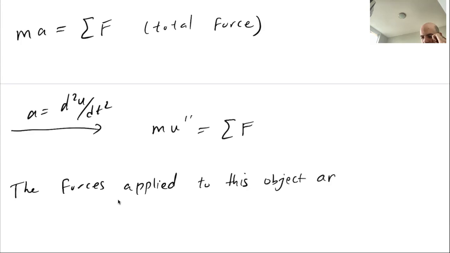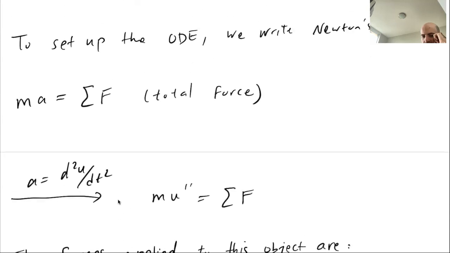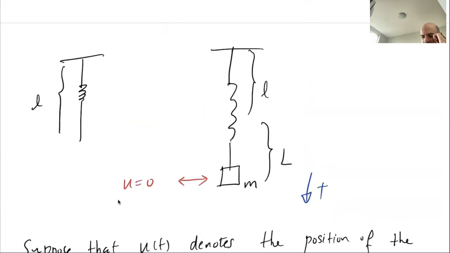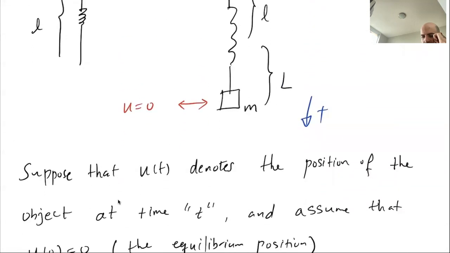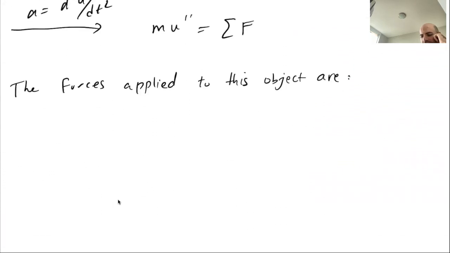So first of all, we have gravity, obviously. Gravity is in the downward direction, and downward I assume is positive. So F1 equals the gravitational force, which is mg.